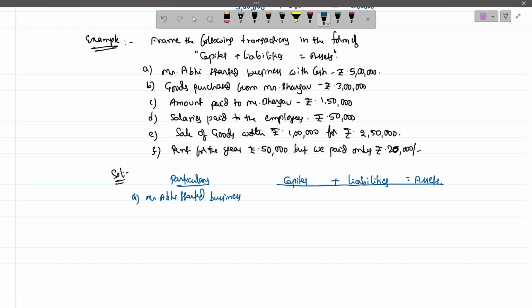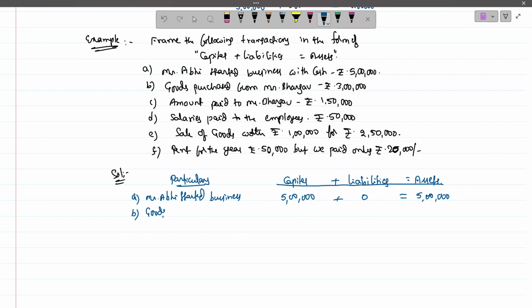Due to that, the cash balance increases. Cash is an asset, so asset is increased by rupees 5 lakh. The amount brought by the owner is technically called capital. As he brings the amount into the business, the amount payable to him is increased. So capital balance increases, and the liabilities are not affected. So the accounting equation is 5 lakh plus 0 equal to 5 lakh.